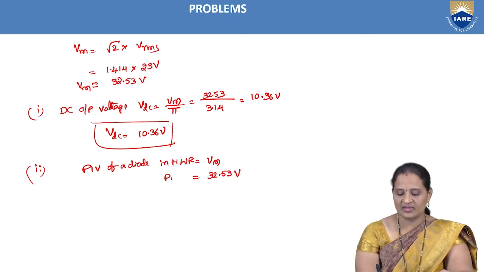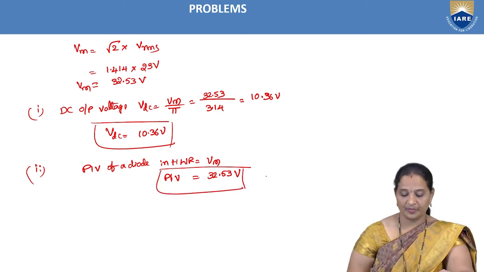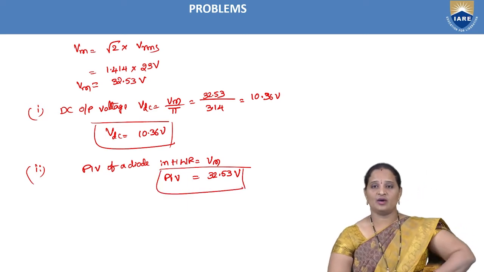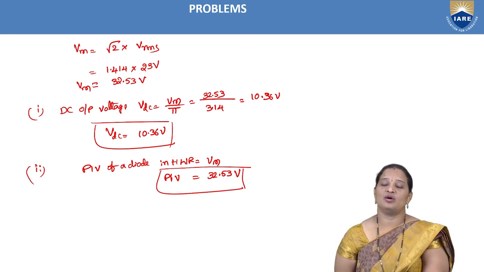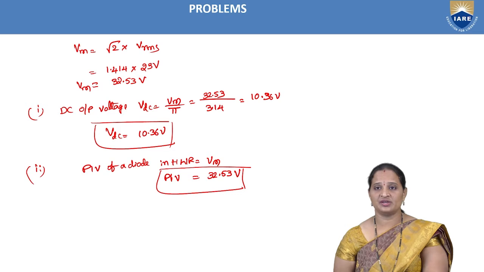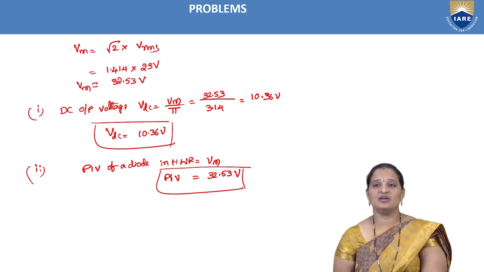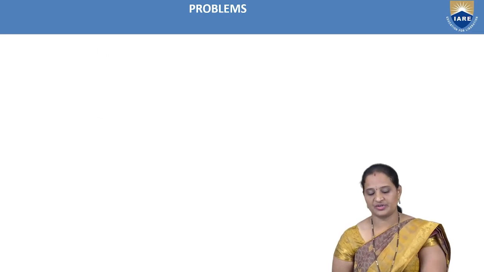This is the PIV rating of the diode in the given problem. How can we define the peak inverse voltage? It is the maximum reverse voltage which the diode can withstand without any distortion. So that is the problem.